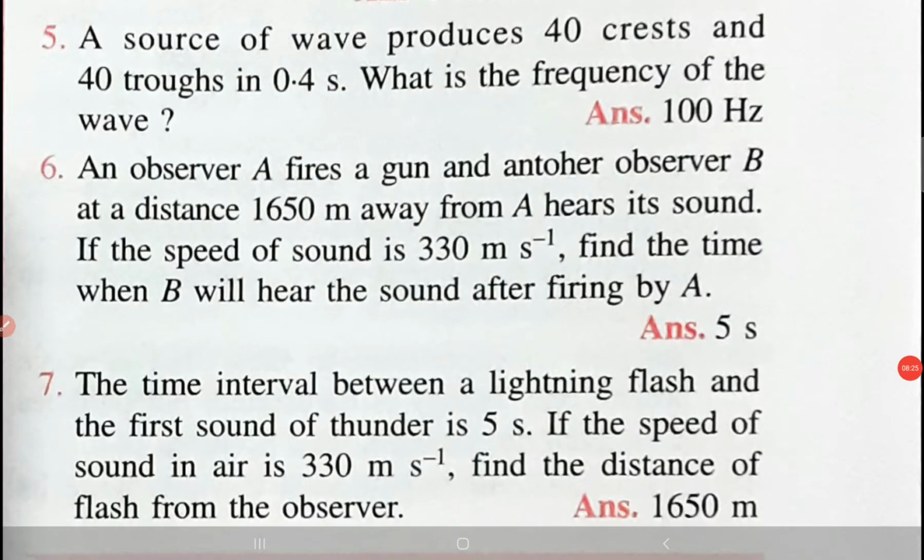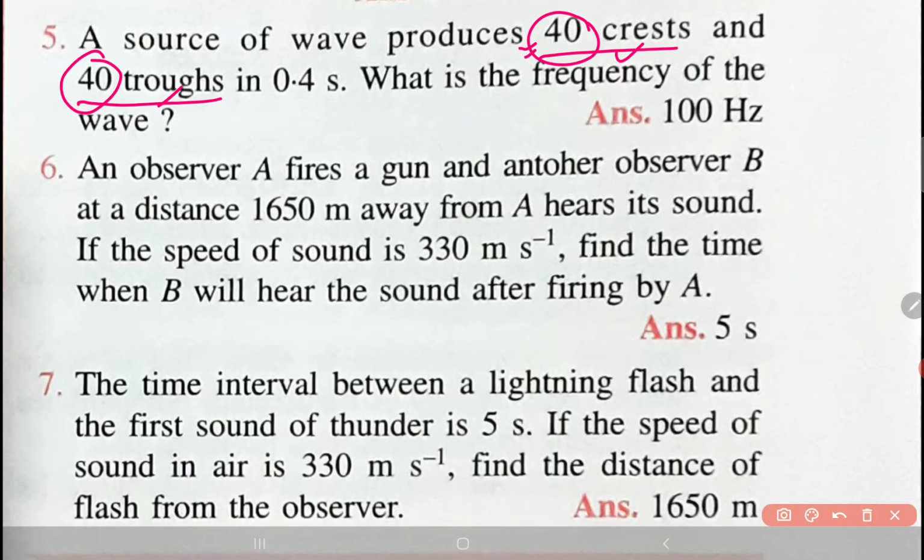Now coming to the next question, which is question number 5. A source of wave produces 40 crests and 40 troughs, right? 40 crests and 40 troughs. That means the number of waves is 40 only, because one wave should consist of one crest and one trough. Here we are having 40 crests and 40 troughs, so therefore the number of waves should be 40 in 0.4 seconds, right?